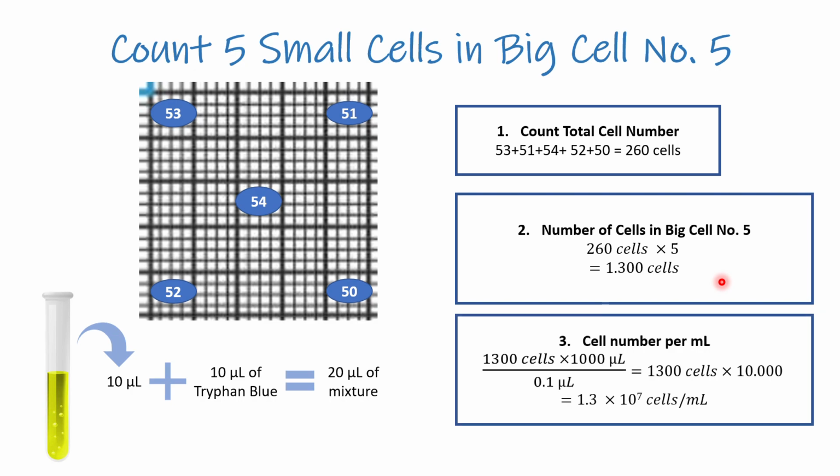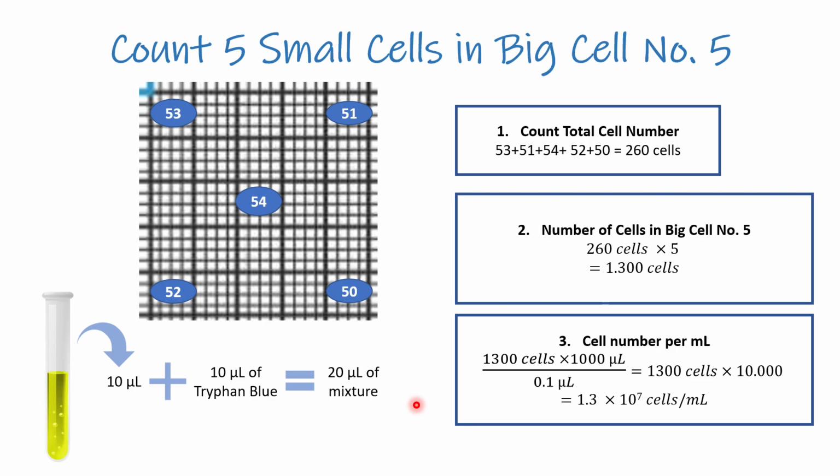Finally, we can put this number into the formula I explained in the video before. All we need to do is multiply the number of total cells by 1 milliliter and divide by 0.1 microliter.